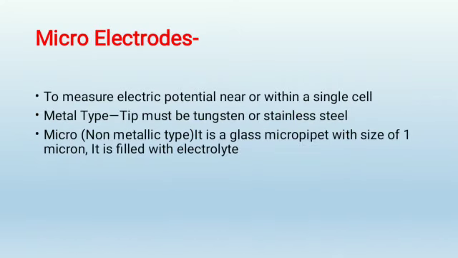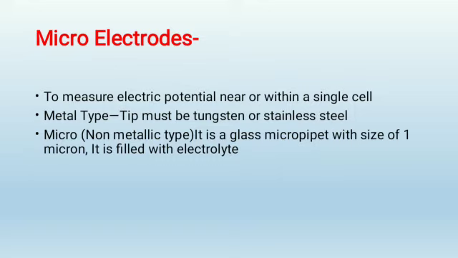First we discuss the microelectrodes. Microelectrodes are divided into metallic and non-metallic microelectrodes. The non-metallic microelectrodes are called micropipettes. The microelectrodes should have a smaller diameter during insertion of the electrode into the cell.